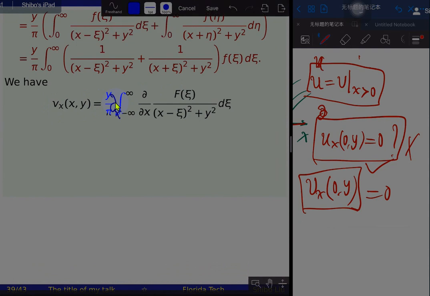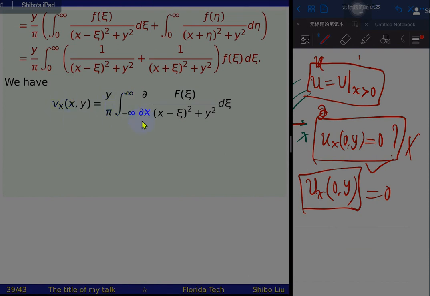But you can switch the order of derivation and integration. So this partial derivative can be moved inside the integration. Therefore, we have this result. That is the expression for the partial derivative of v with respect to x.